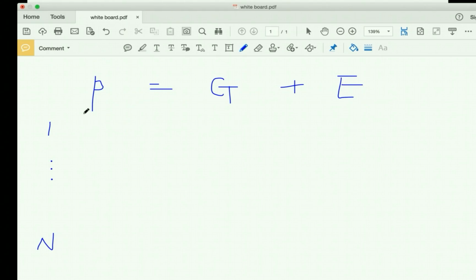Then each individual has measured phenotypes, right? So we call Y1 for the first individual and Yn for the last individual. Then also genetic effects from the first individual and genetic effects from the last individual.